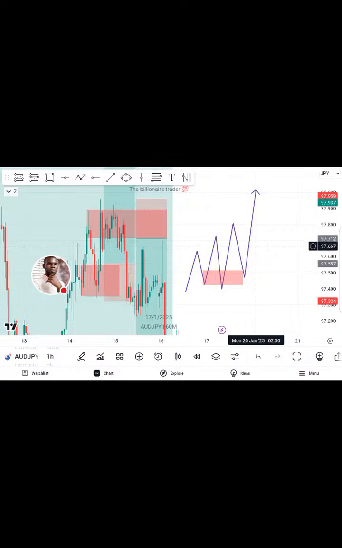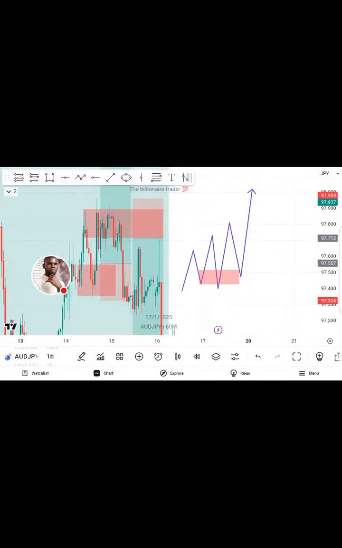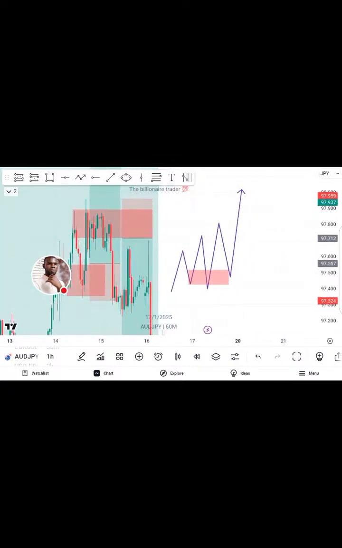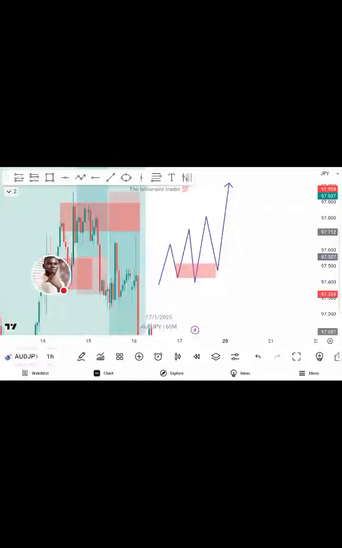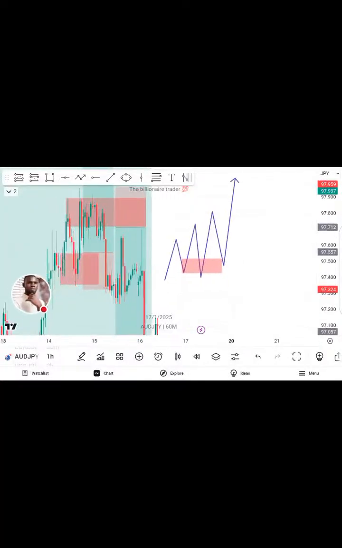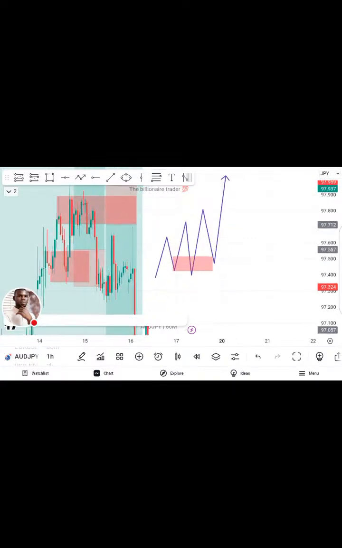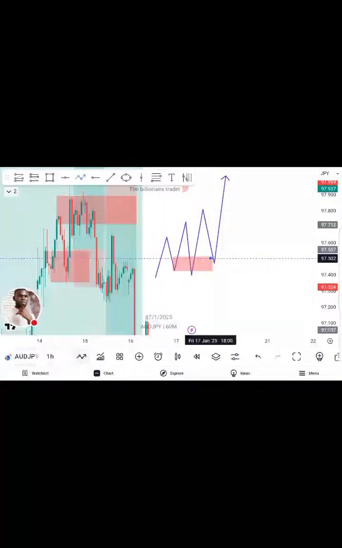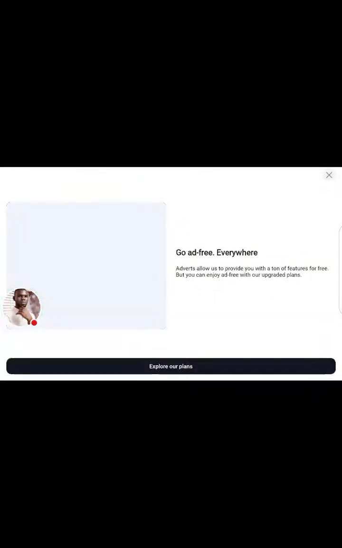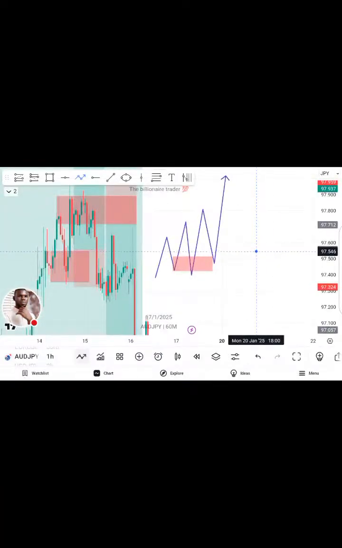It gave a similar thing. Okay, so it gave a similar pattern as well, and I'm going to draw it out.